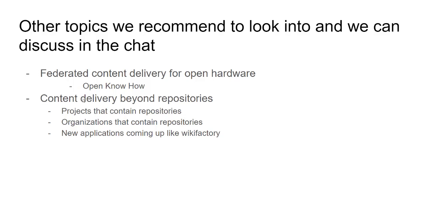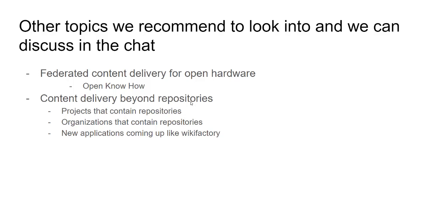It's important to think about content delivery beyond repositories. Repositories happen to be the way in which source code is delivered, and a repository is not even a project. In open source software, you normally have one project or organization that has many repositories.